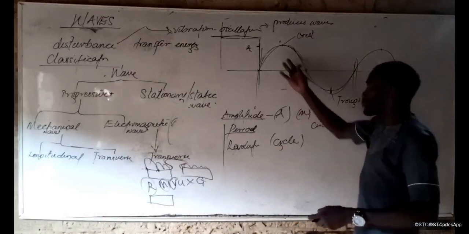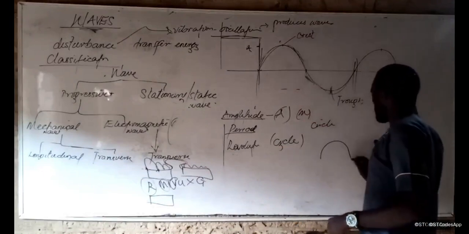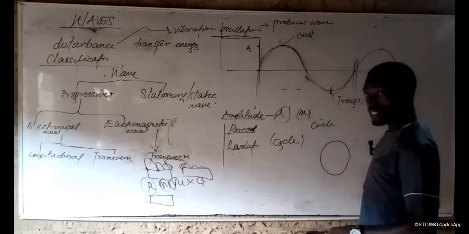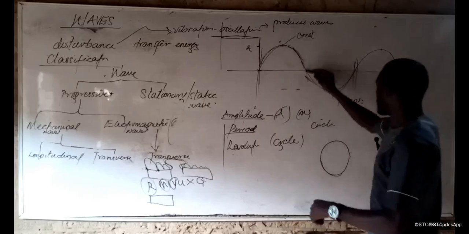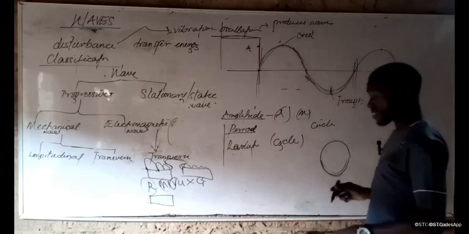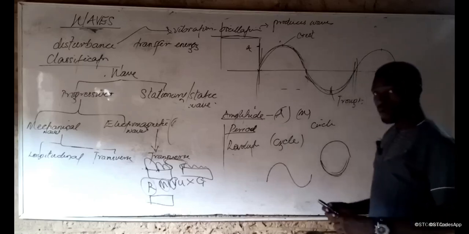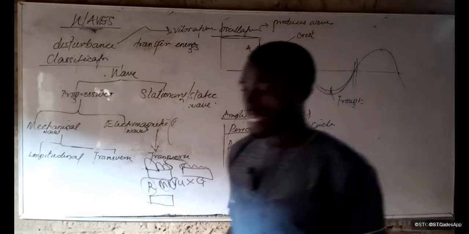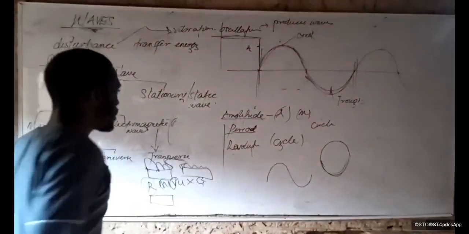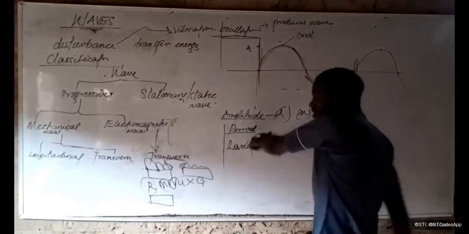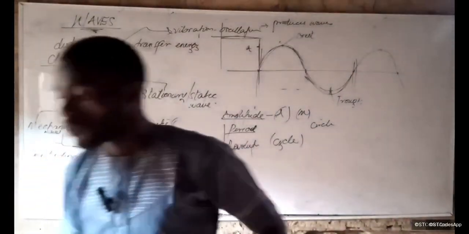But a way of visualizing this is it makes a circle. How? This top to this place, that's 180 degrees. Another here, 180 degrees. So you see, it makes a circle. So when you see a shape like this, it's going to be called a complete cycle. Is that okay? But what we are talking about here is that a period is now the time taken to complete what?